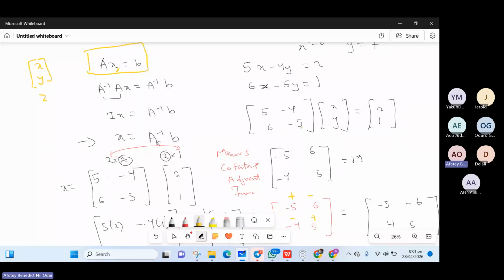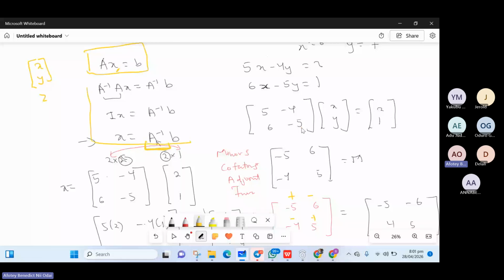Now we can multiply both sides of the equation by the inverse of A. When we multiply by the inverse of A, we get an identity matrix times X, and that is equal to the inverse of A times B. So we get X being equal to the inverse of A, right, times B. This is the key part.